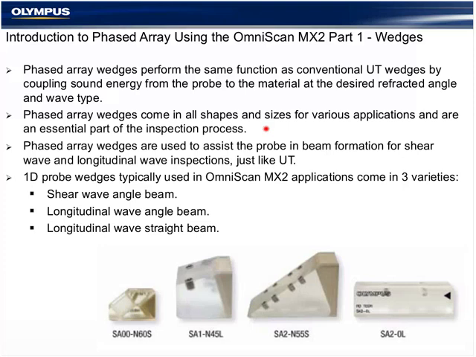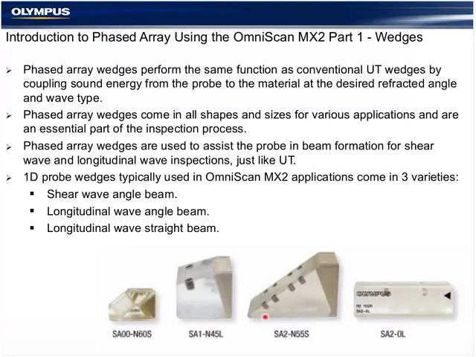They generally can be divided into 3 specific groups in our catalog and in the applications. Shear wave angle beam inspection: in this case, we would steer the beam at a refracted natural angle of 55 degrees in carbon steel, so we would cut this wedge at approximately 36 degrees.